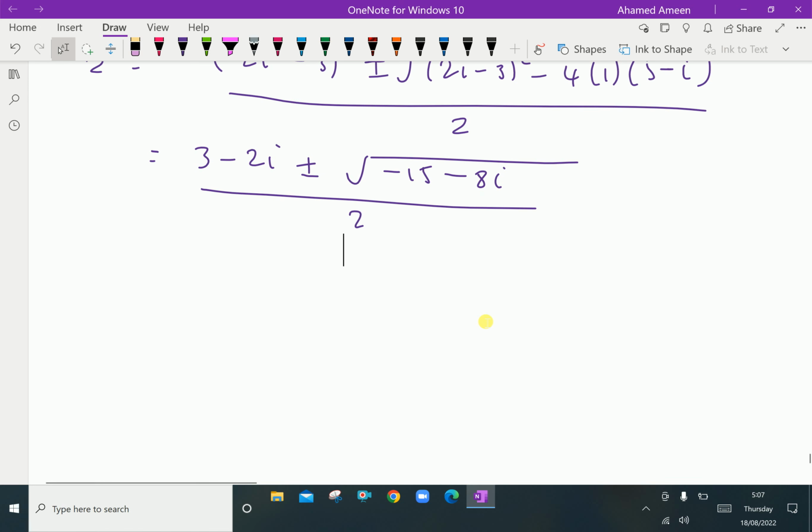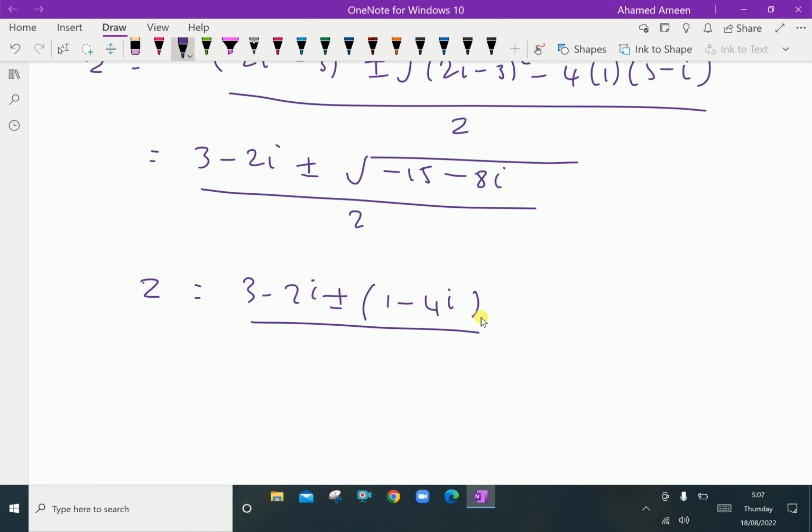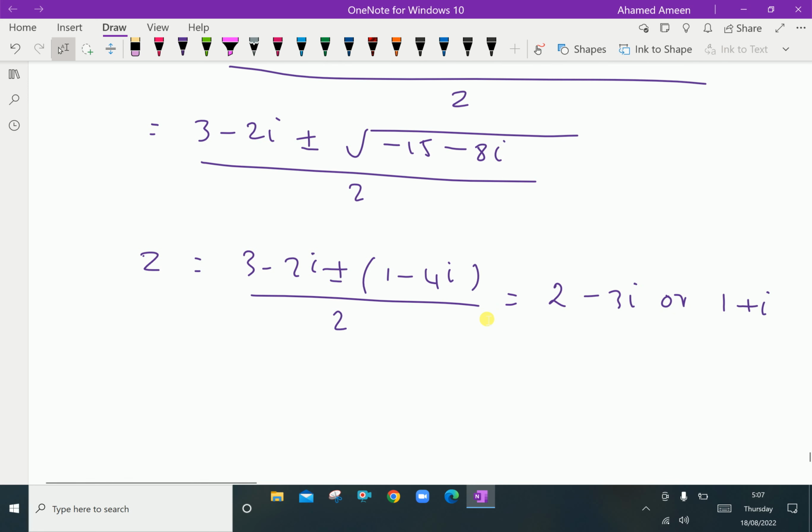We have z equal to 3 minus 2i plus or minus (1 minus 4i) over 2, which gives 2 minus 3i or 1 plus i. Therefore, the roots of the above quadratic equation are 2 minus 3i and 1 plus i.